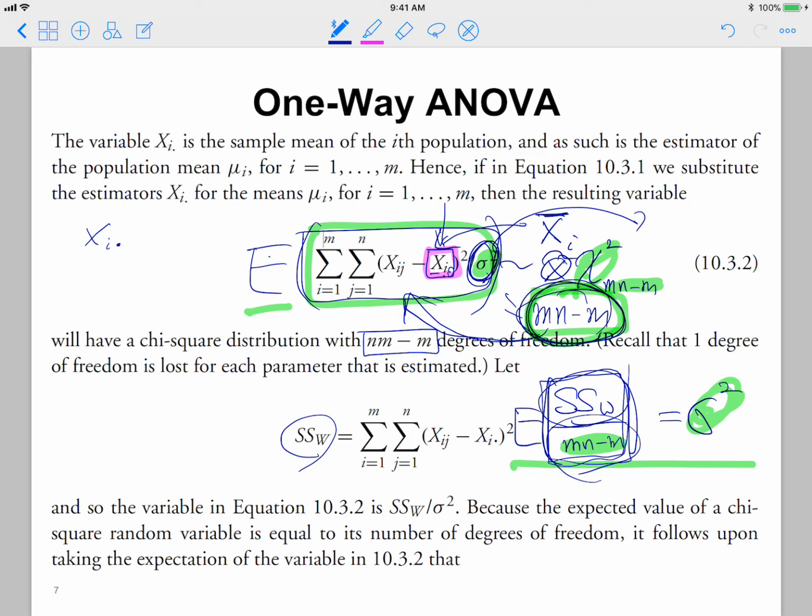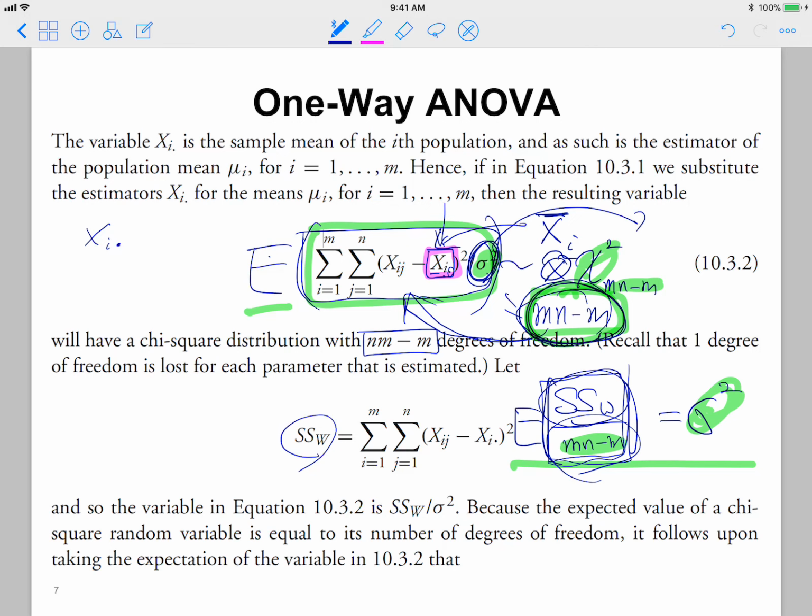Then we will have a reduced degree of freedom. In each group we have one less degree of freedom than the original.